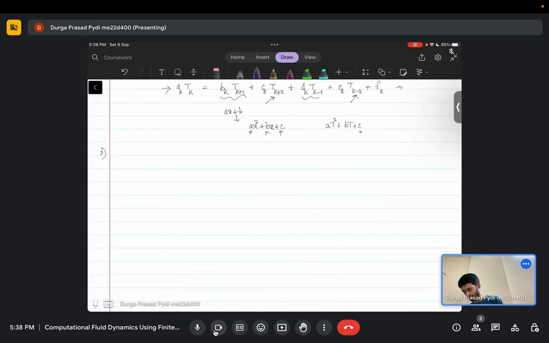So the general form of equation is A, phi i j will be written in terms of i plus 1.